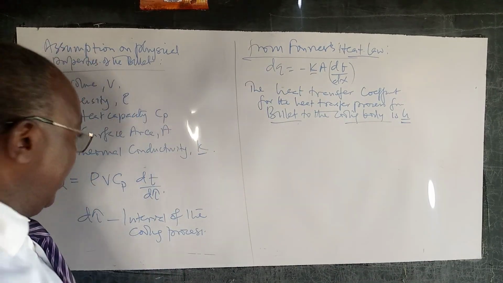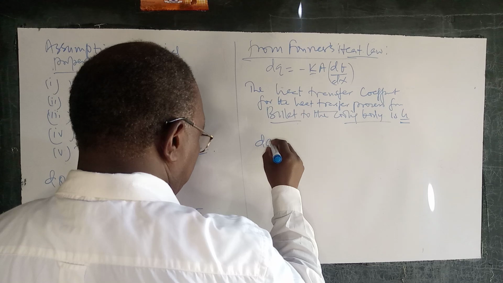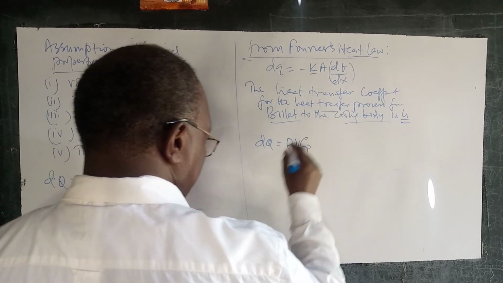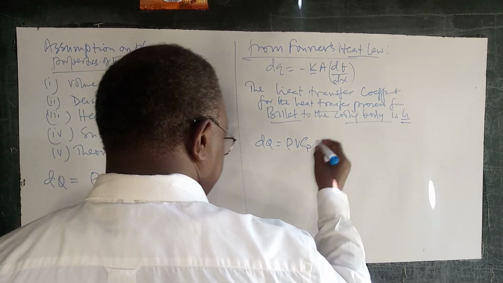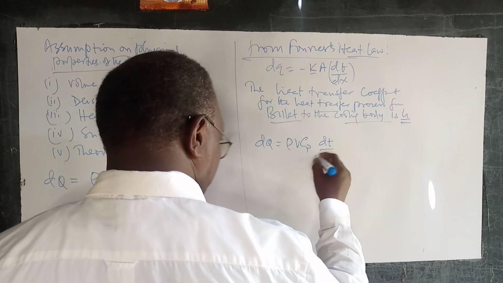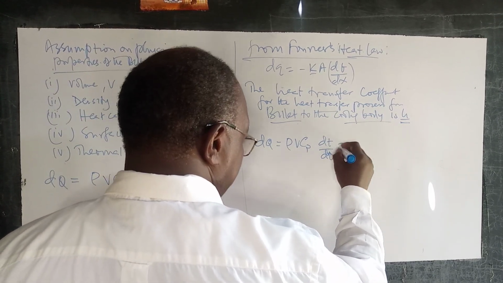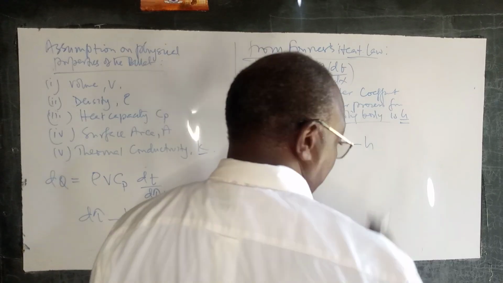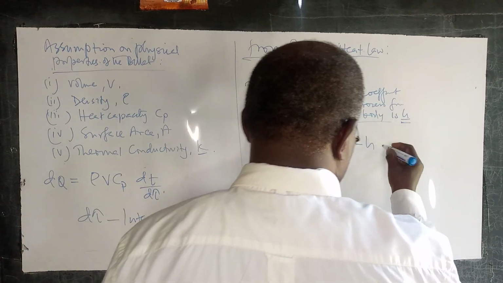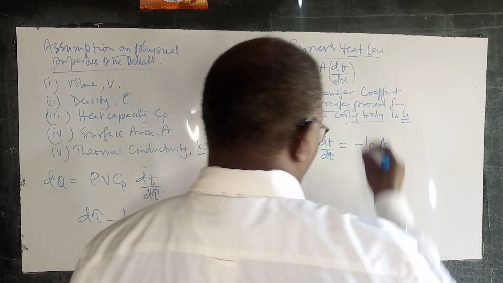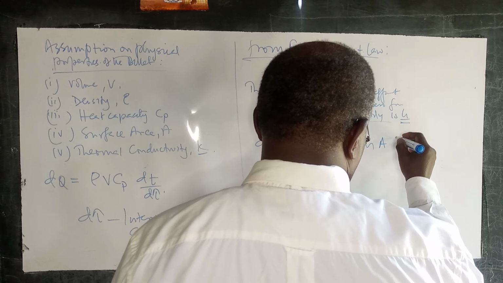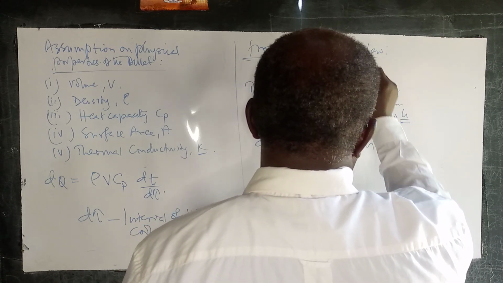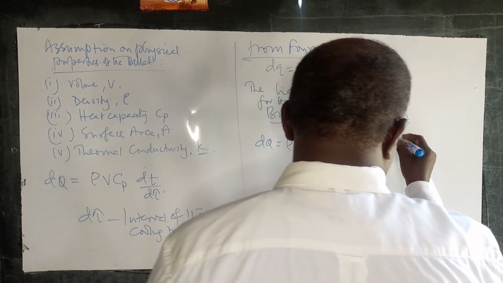Then it means that dq, which we have seen is given by the density, volume, heat capacity, d tau over d tau, will be equal to minus the overall heat transfer coefficient in the billet and the cooling body times the area of flow times the change in temperature.